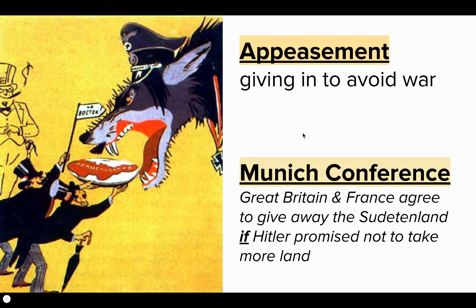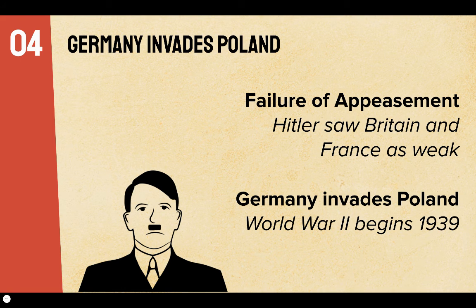Right? You can have this one, but you can't have any more. I think you guys can make an inference here that this does not work when Hitler sees Britain and France easily give over the Sudetenland. He says that they're weak and that he's going to go for more land. And that's exactly what happens. The appeasement strategy was, in hindsight, not a good one.